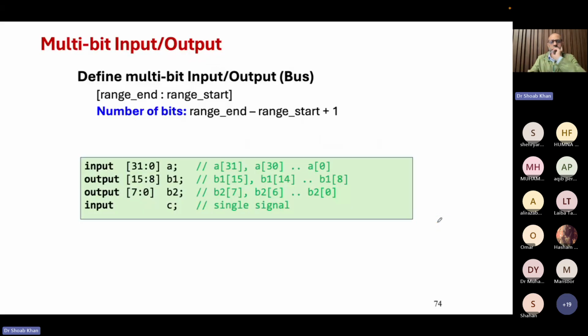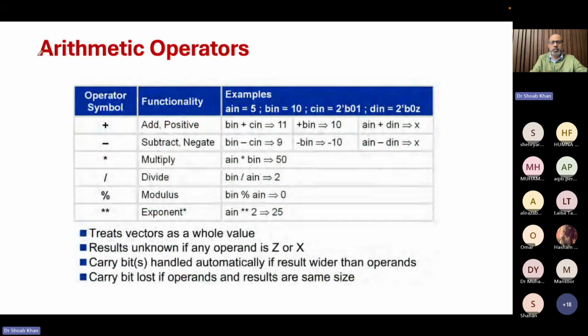So this is how you generate bits, right? A 32-bit a, and this is [7:0] b. If you don't write it, it is a single bit. And then come all the operators.